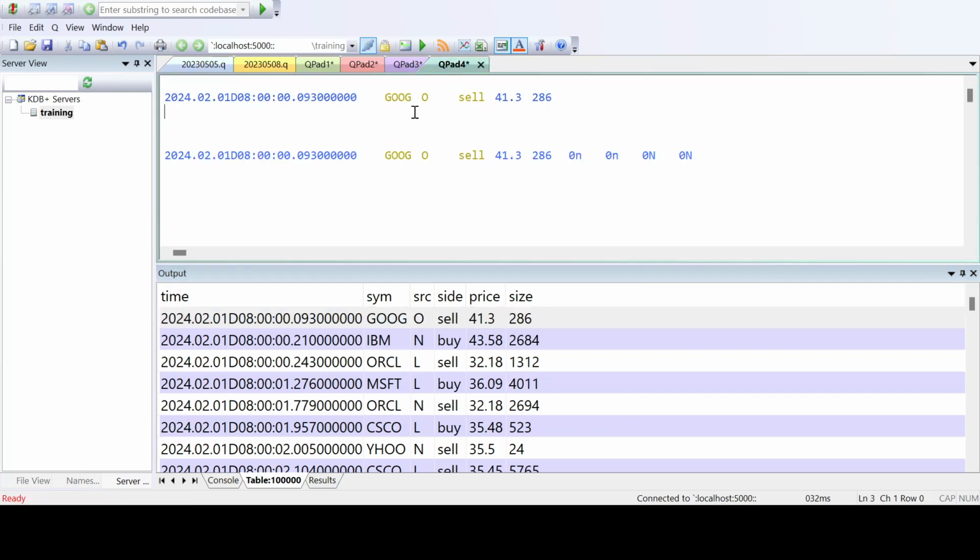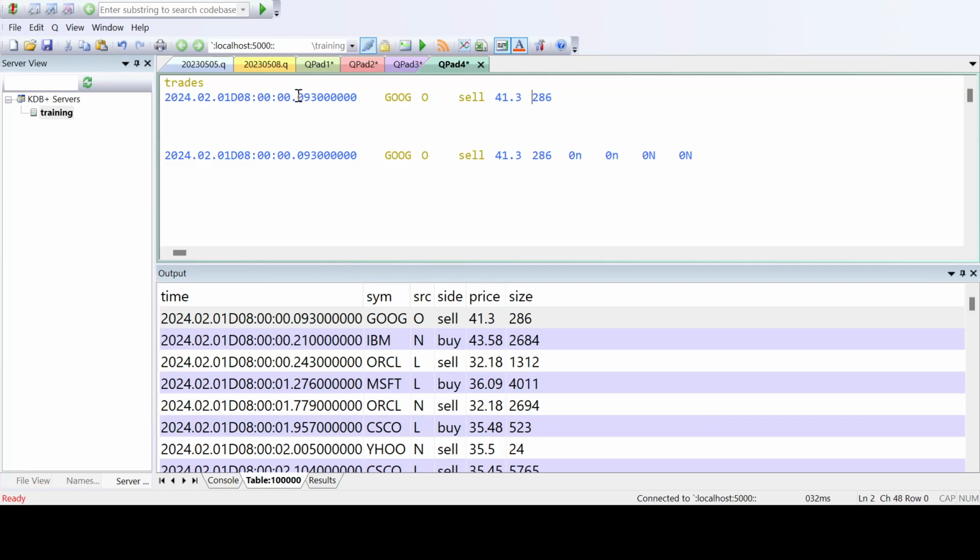This is the trades table data. At this time, Google was trading on exchange O, that is Nasdaq. The order was sell, the price was 41.3 and the size was 286. And what was the prevailing quote at this time?